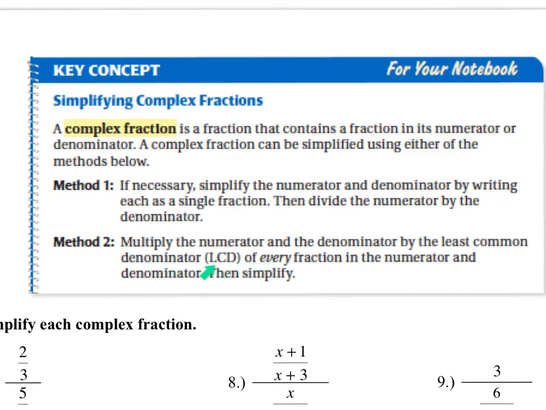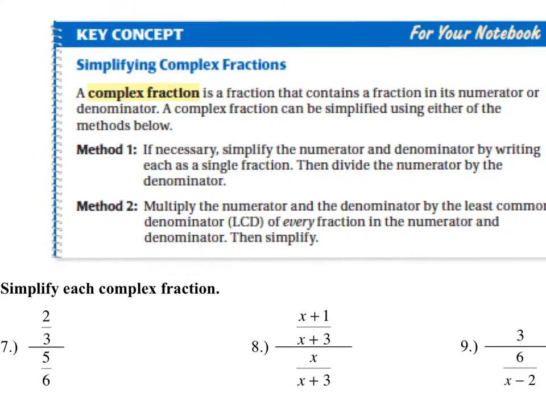It's when you multiply every single fraction in the entire complex fraction by the LCD, or the least common denominator. I will show you both methods to begin with, and since I prefer method number two, I will probably continue on with method number two. Now again, that doesn't mean you can't do method number one. It just means that when I do problems, I will probably use method number two.